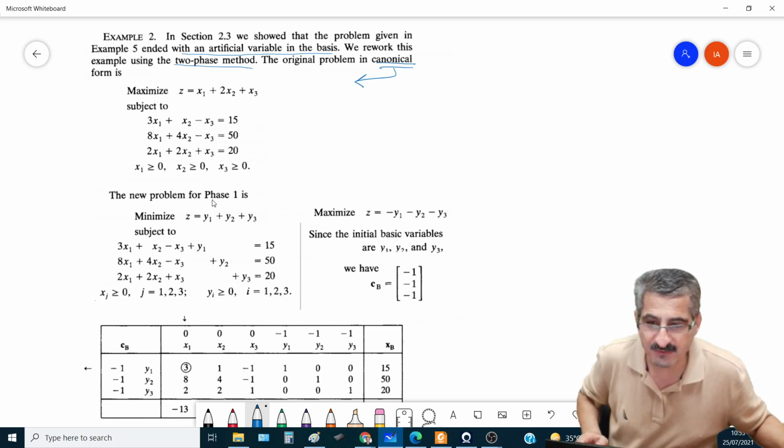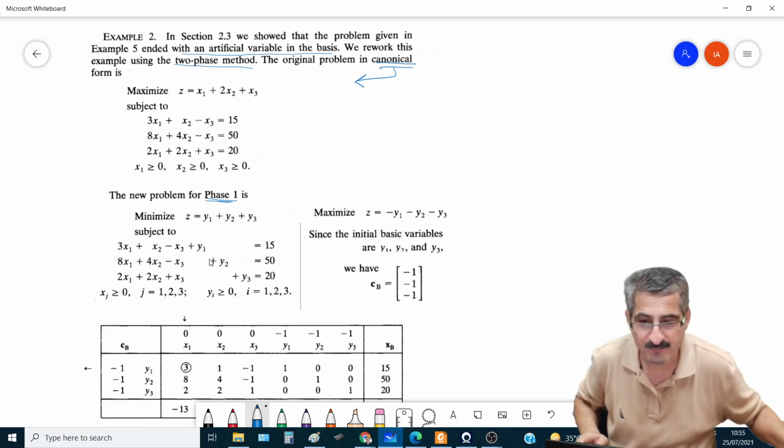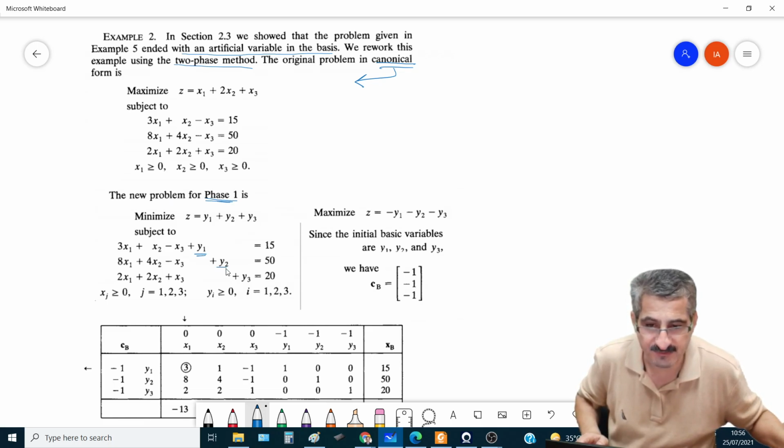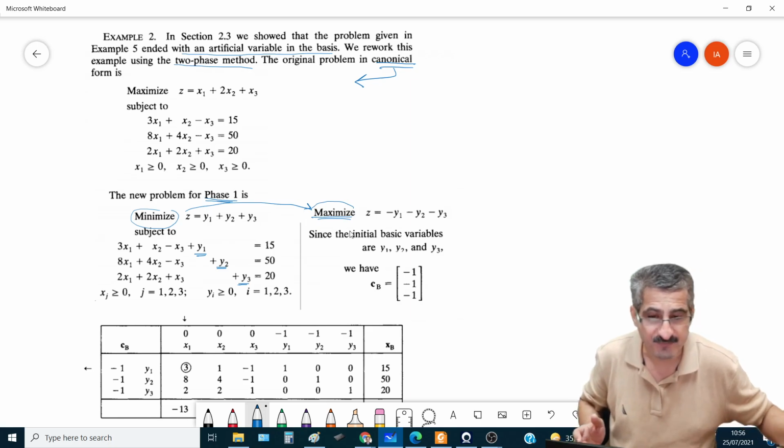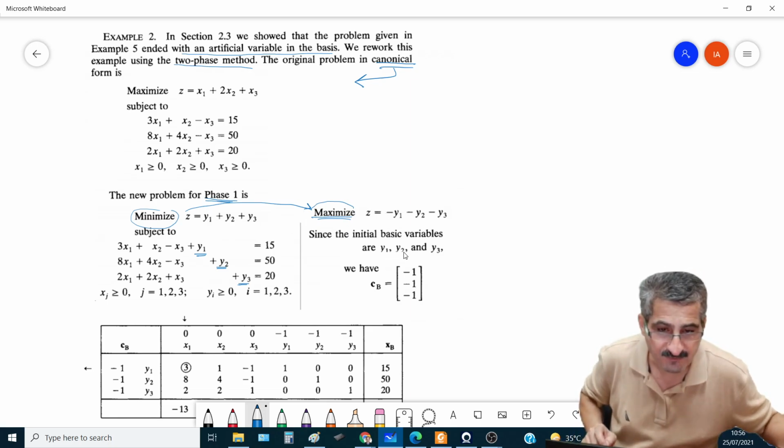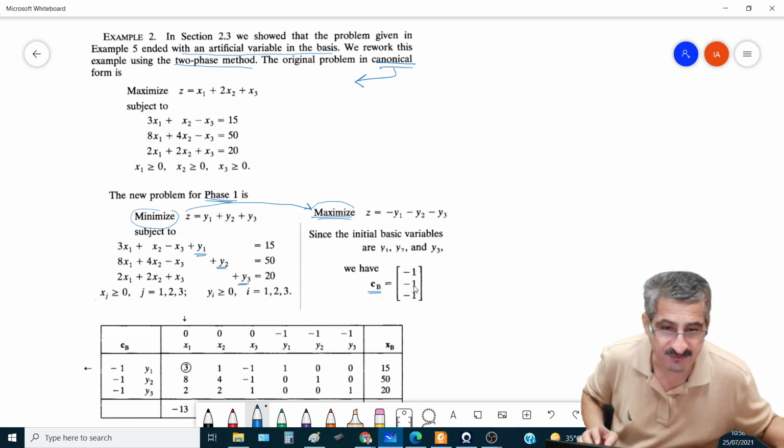Now for phase 1, we need to introduce these artificial variables. And this is minimize. We must make it maximize to work the simplex method and give it negative. Now the CP here is -1, -1, and -1.